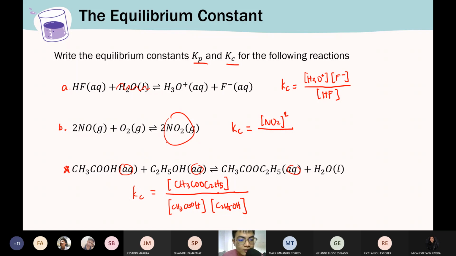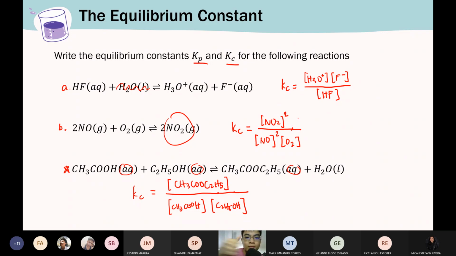And then, for the reactant side, on the denominator, I have 2 species, your NO and your O2. Okay? So, you write the concentration of NO, and it has a coefficient, so you have to make it the exponent. So, NO squared. And then your O2. Okay? Kuha ba yan?